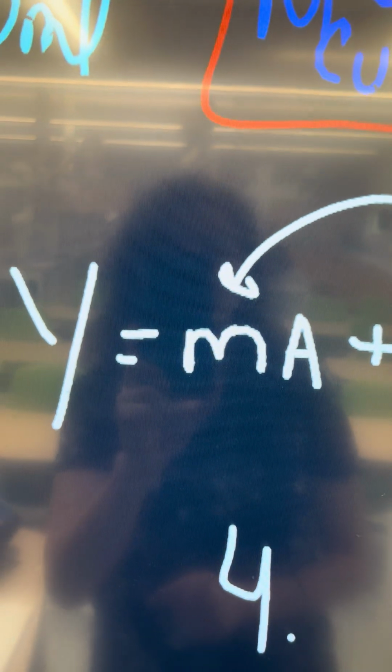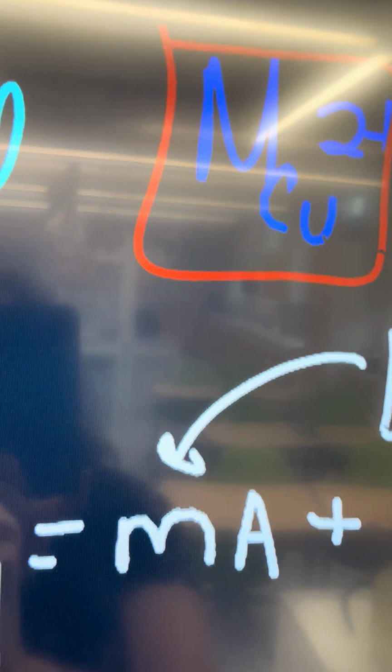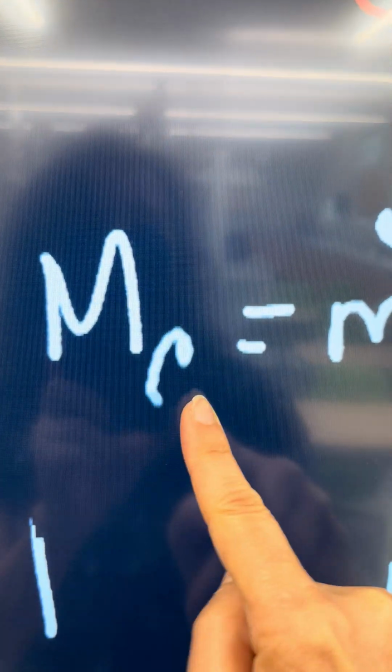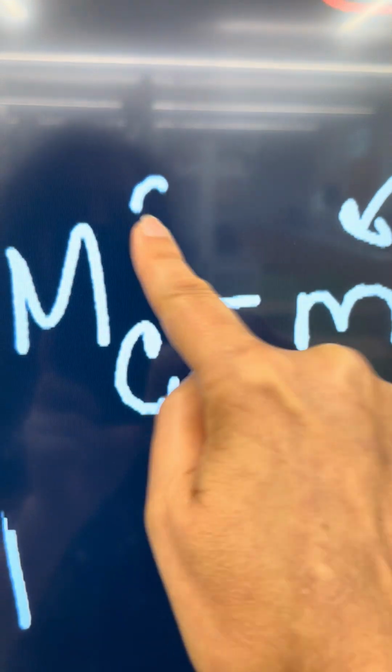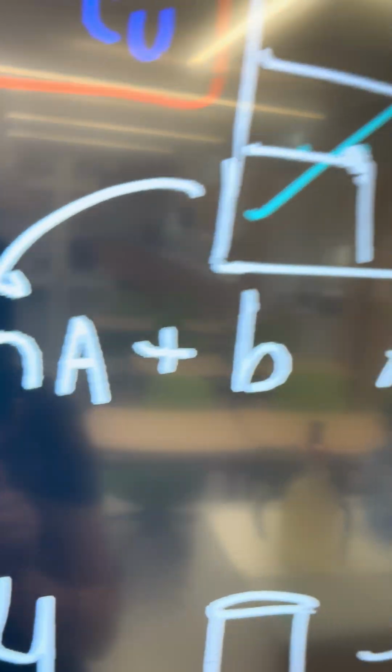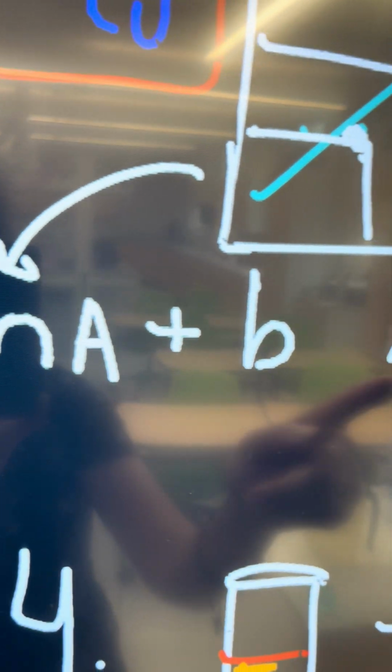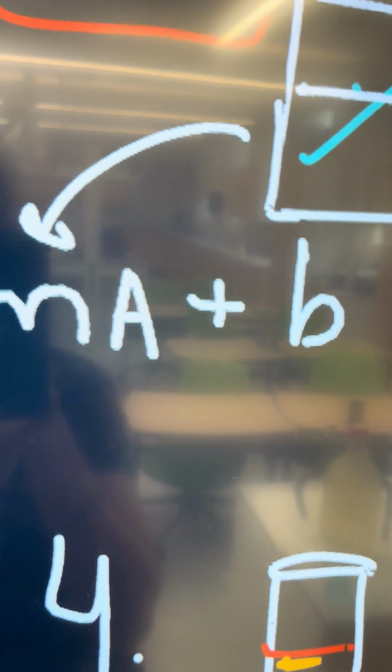In this case, y is going to be the molarity of the copper solution. So the molarity of the Cu2+ is my y, is gonna be equal to m, the slope of the line, which you can find by finding the slope, times A, which is your x, so it's your absorbance, plus b.